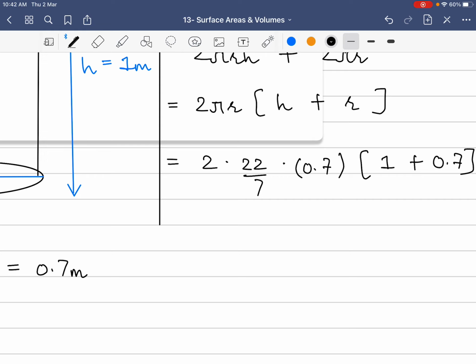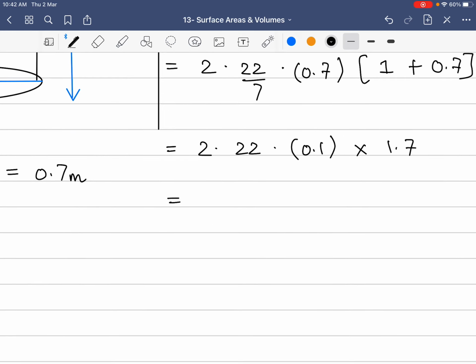So this 7 and this 0.7 will cancel each other, so that will be equal to 2 into 22 into 0.1, and this will be into 1.7. Now it's just a simple multiplication. This is equal to 44 into 0.17, which is basically 44 into 17 whole divided by 100.